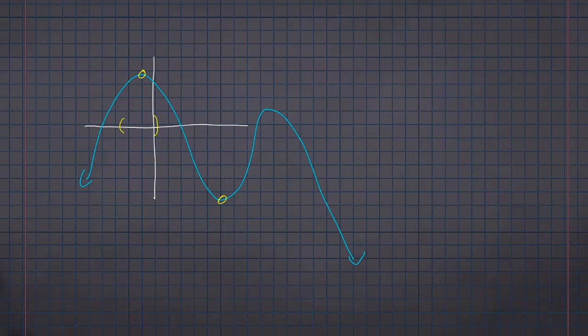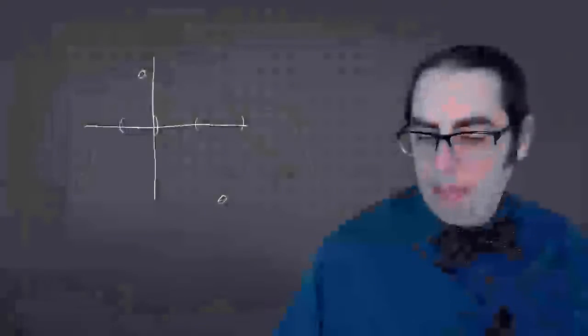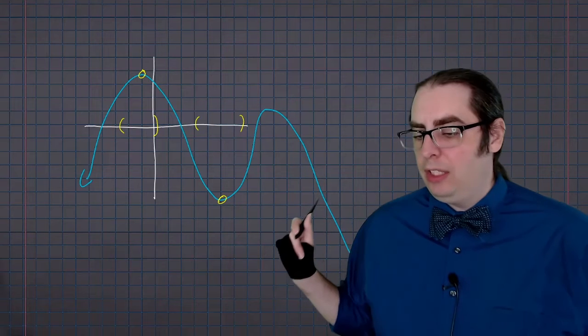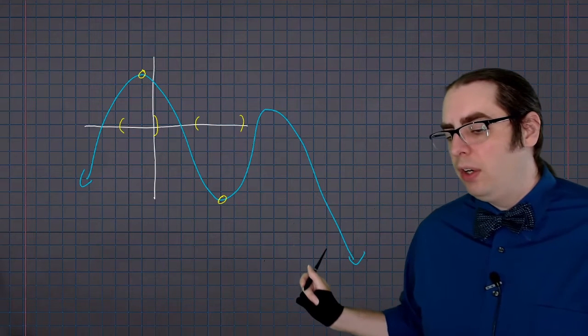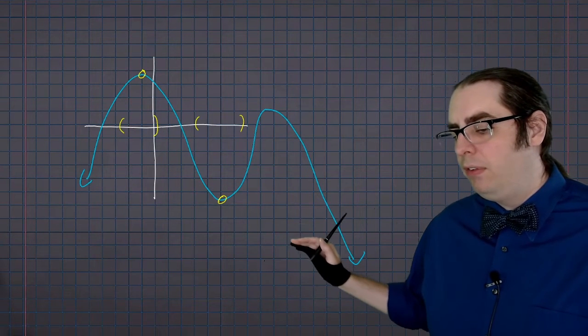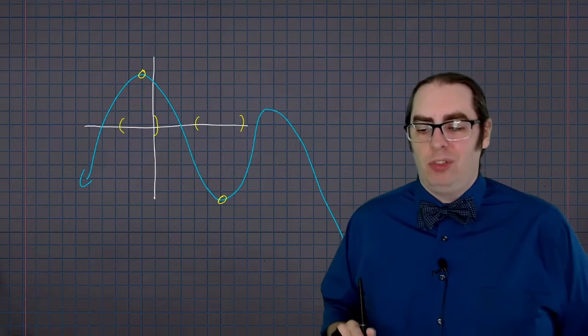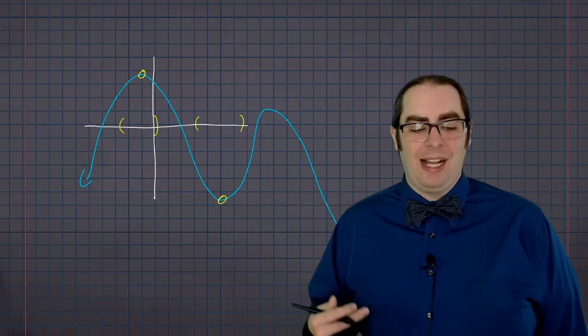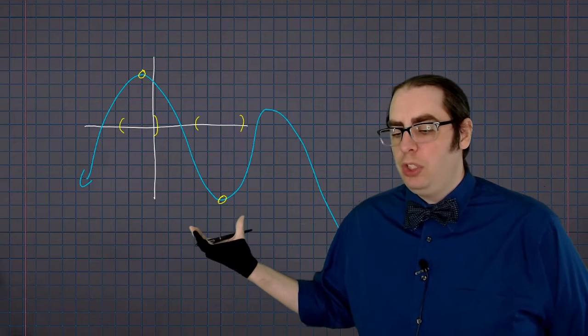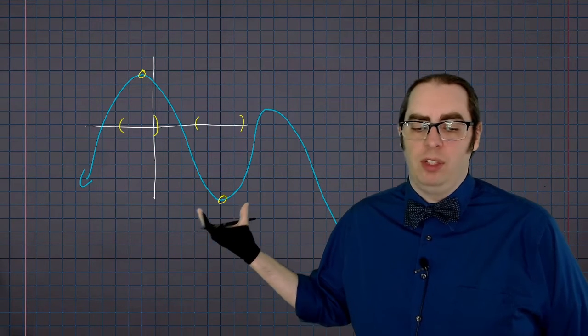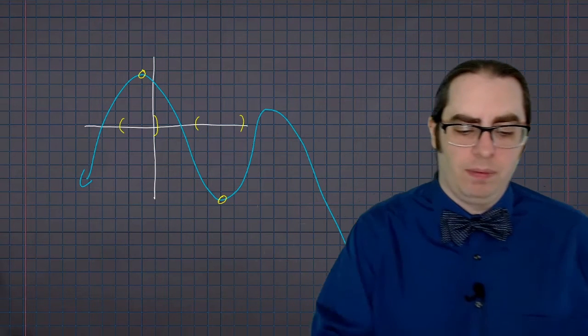If we look at an interval near that point, then that is definitely the minimum. But if you look at the graph and you look over here, there are definitely parts of the graph that go well below that point. So it's not the minimum for the entire function, but if you look just in the region near it, it is a minimum in that region.